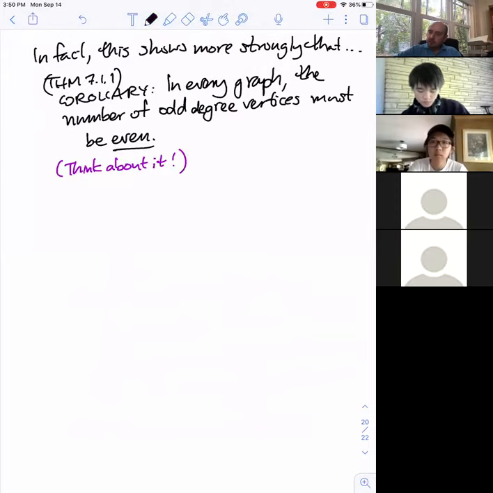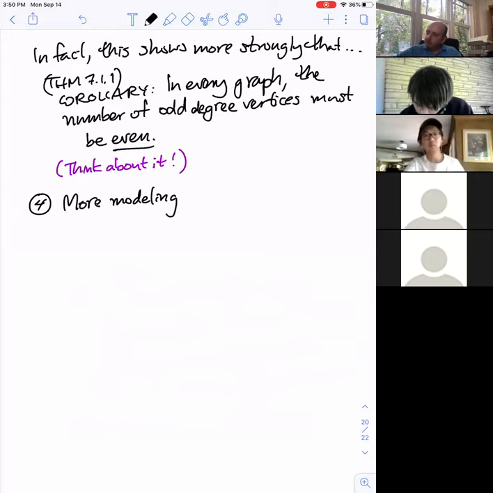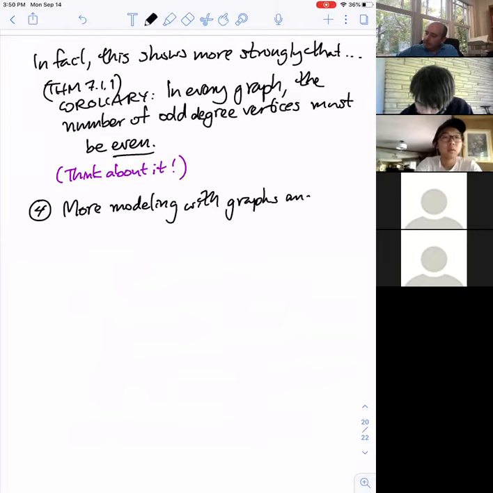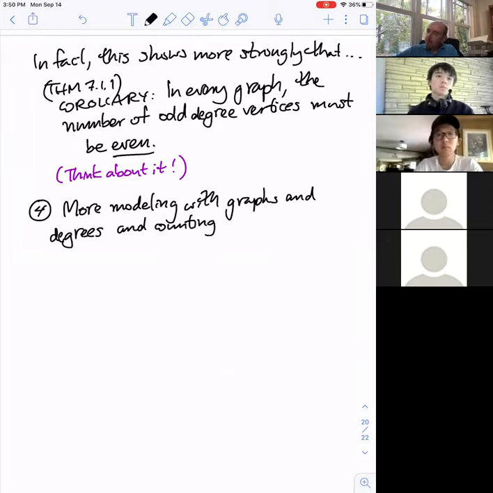So let's do some more modeling with graphs and degrees, counting in two ways. This is also going to bring up a class of graphs that we're going to have a lot more to say in the chapter on matching theory.